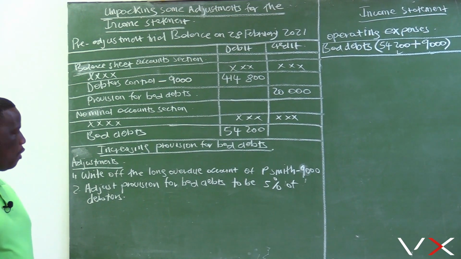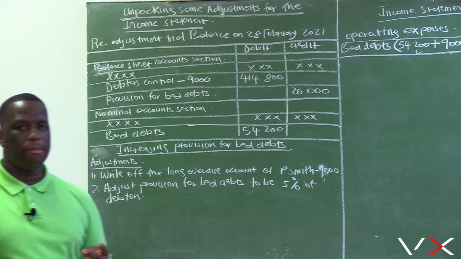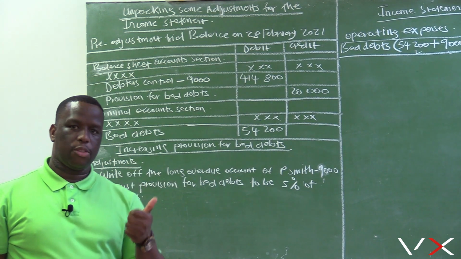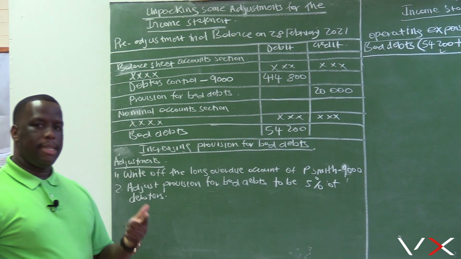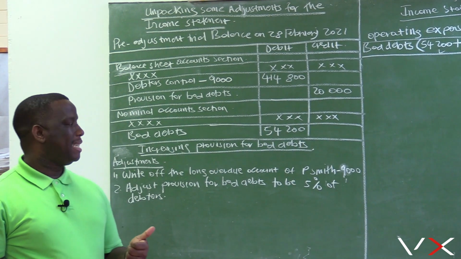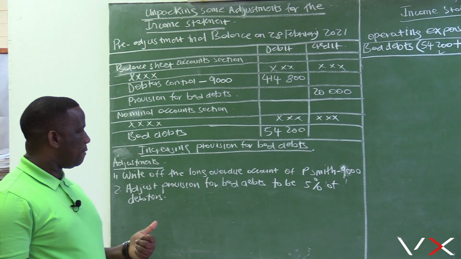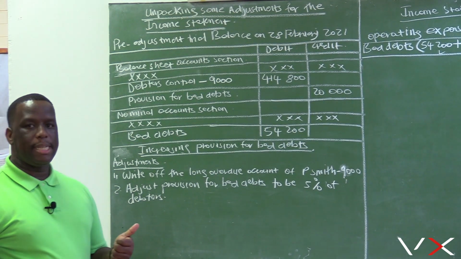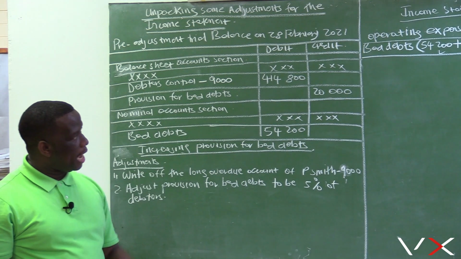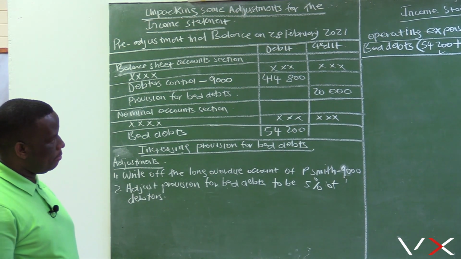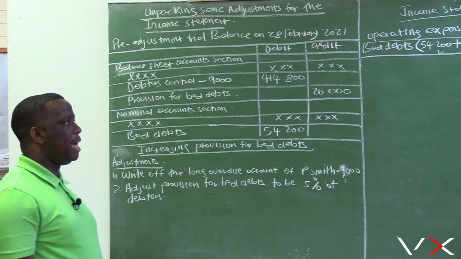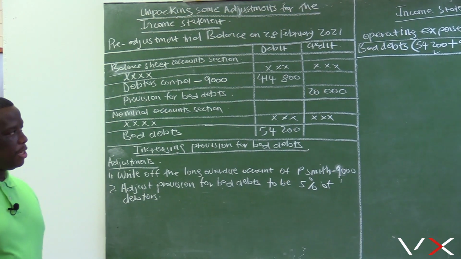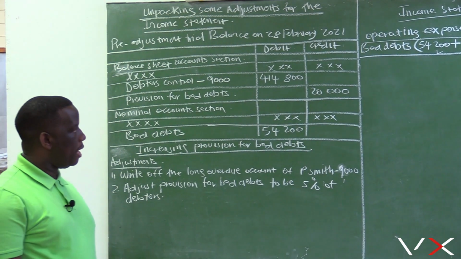In fact, writing off bad debts, there are two accounts involved. It is your debtors control account and bad debts. Bad debts account is debited as an expense, which will mean that your bad debts will increase, as we have done there under operating expenses. Our bad debts have gone up by 9,000, and it is now a total of 63,200.